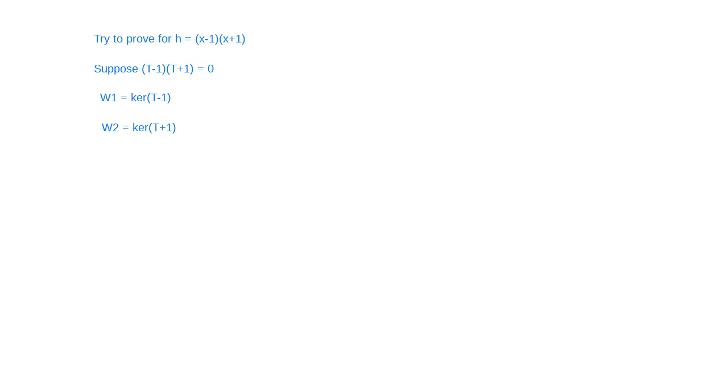And the trick is that x minus 1 and x plus 1 have no common factors, meaning they're already factored into linear things. So they're already factored into irreducibles, and they have 2 different irreducible factors.